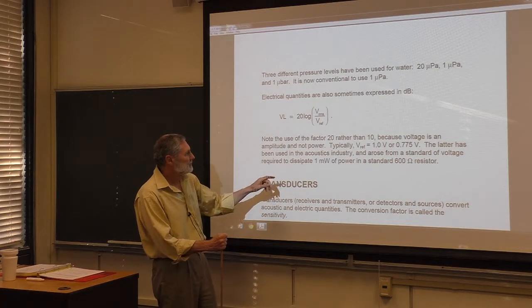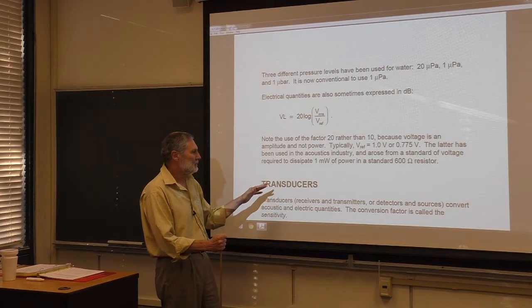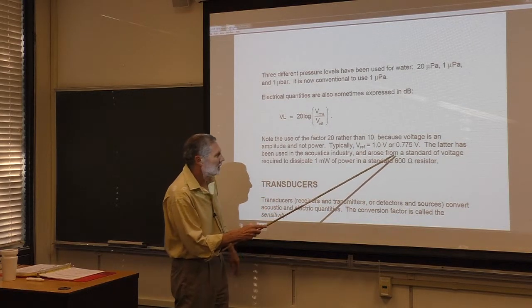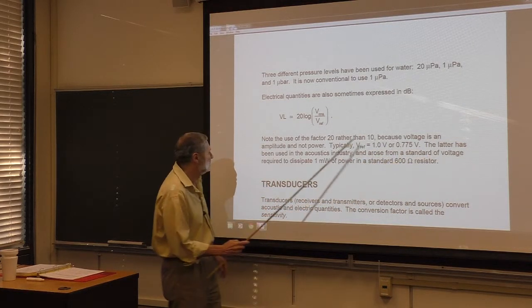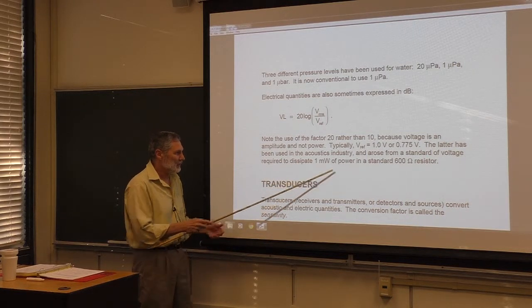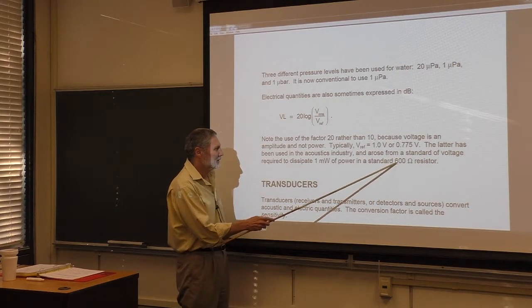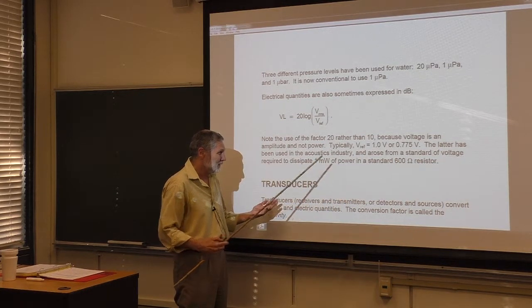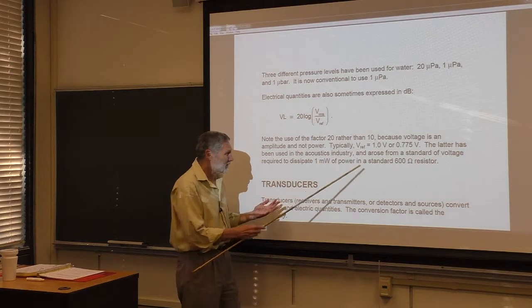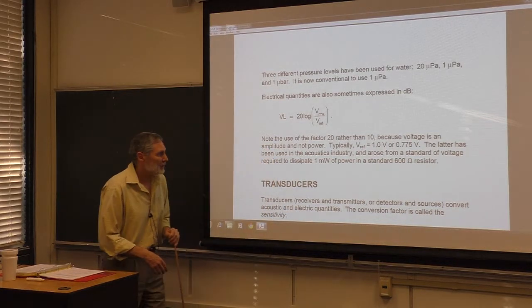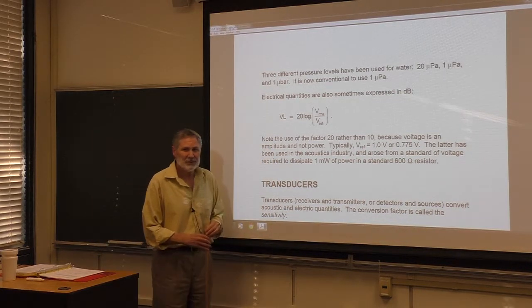Let me state it one way here. It arose from a standard of voltage. Assuming you can measure power accurately, and evidently this is what happened historically, and you have an accurate resistor, then from the power being V squared over R, you can accurately determine your voltage.